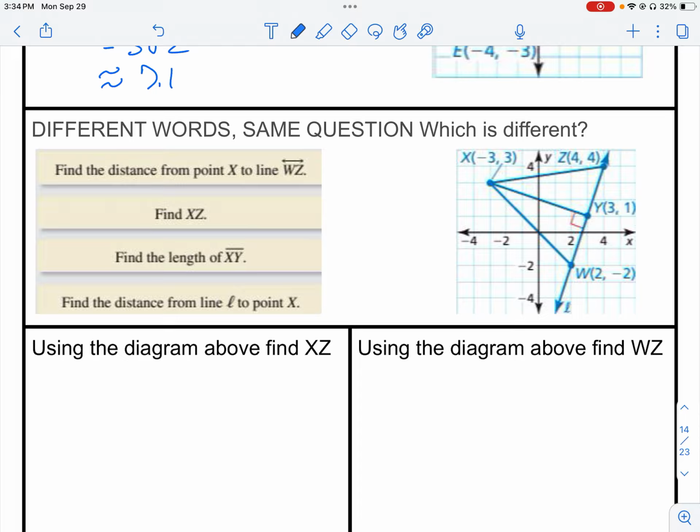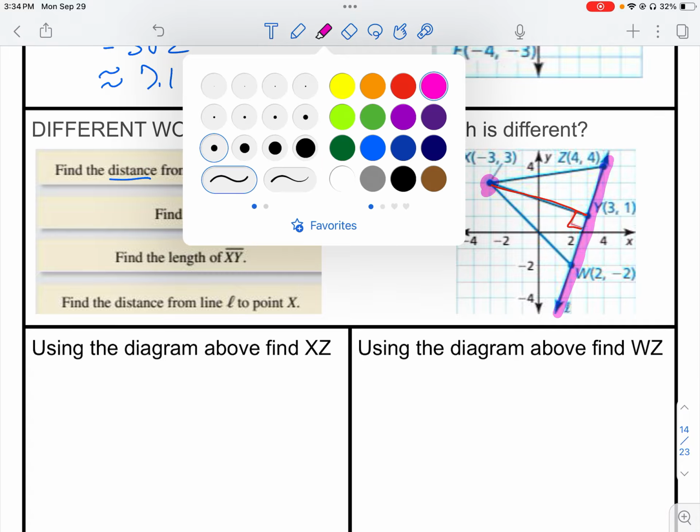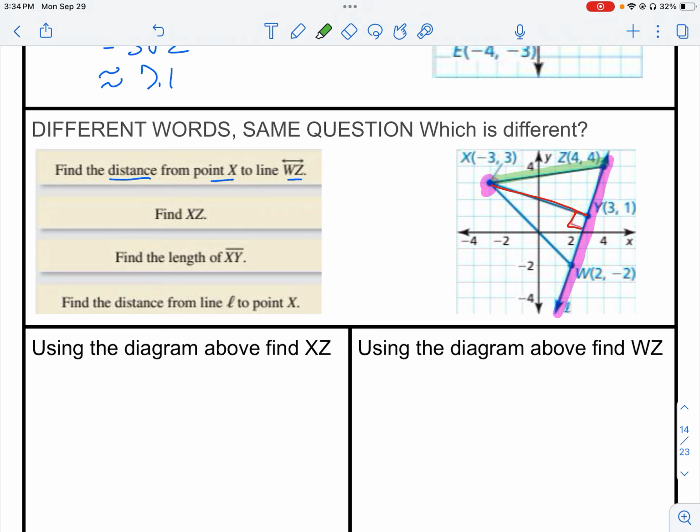Well, let's look. The distance from point X to line YZ. So distance from point X to line WZ. Here's Z up here, so here's WZ. We're going to measure this at the perpendicular, so that's that right there. Find XZ. XZ is going to be this one right here.